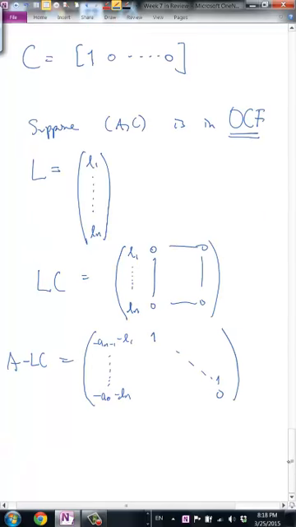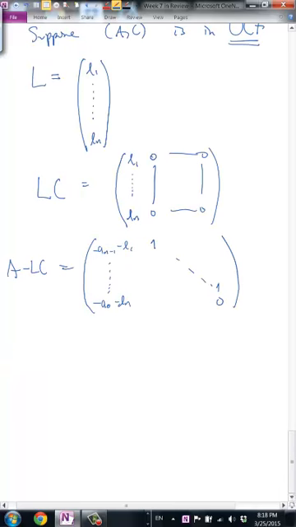In other words, A minus LC is also going to have this special form. And the reason that this is so great is exactly the reason why we liked it in reachable canonical form, because the characteristic polynomial of anything in this form, let me just do it for A, is just equal to lambda to the n, now with all the signs reversed, plus a_{n-1} lambda to the n minus 1, all the way down to plus a_0.